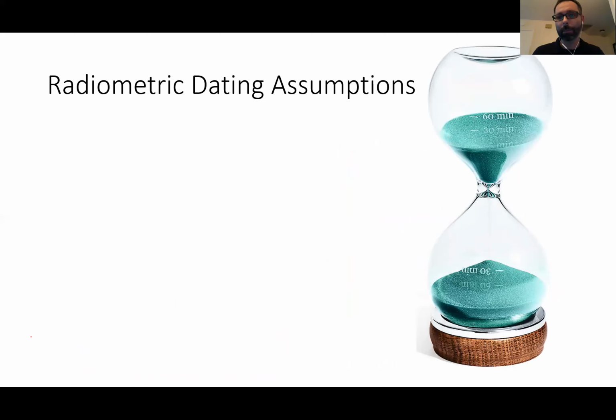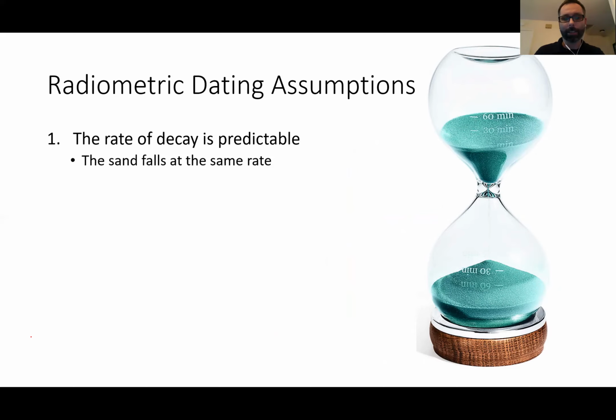And I'm going to keep using this idea of the hourglass to show the analogy of how it would work with radiometric dating. So the first thing that's important is that the rate of the radiation needs to be predictable. In terms of the hourglass, this means that the sand has to fall at the same rate, right? Imagine you have an hourglass full of sand up to here, and it takes an hour for it to fall on Monday.